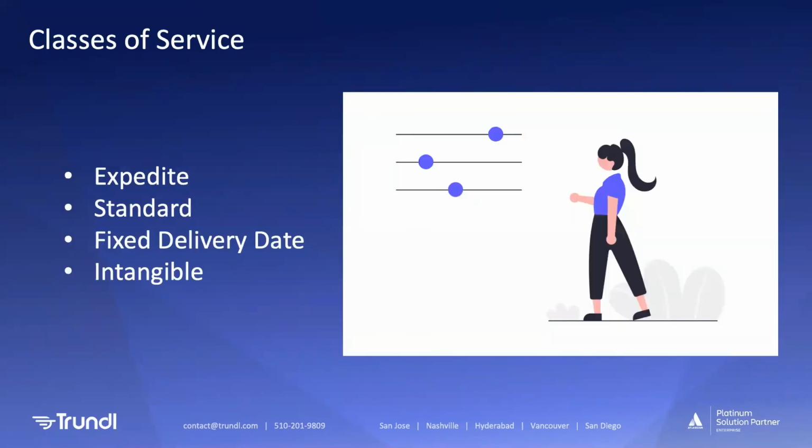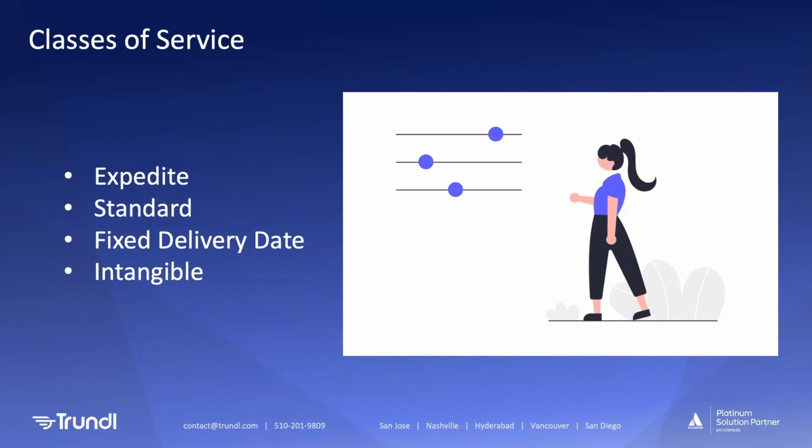Another way to prioritize features nicely is around classes of service. These are 4 commonly used classes of service, and we'll walk through them quickly. Expedite is the highest class of service, and it's reserved for work items and projects that have critical priority and a very high cost of delay.